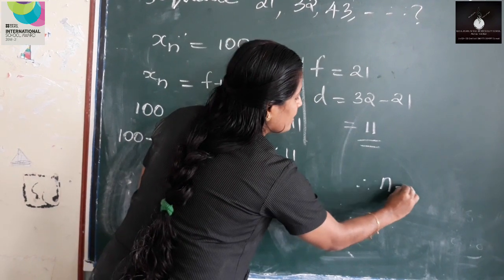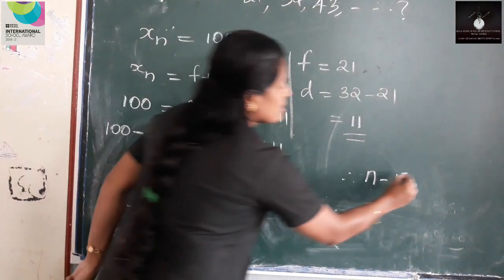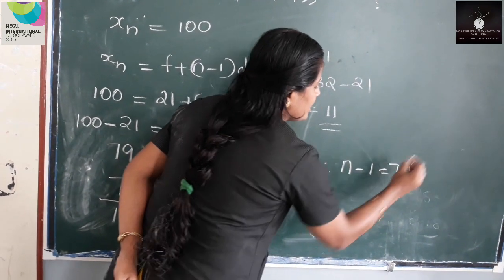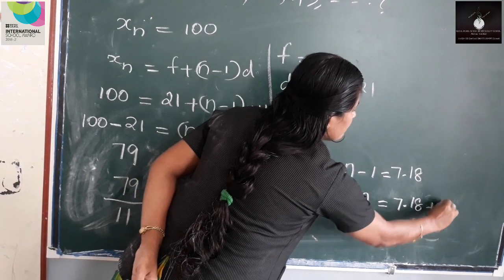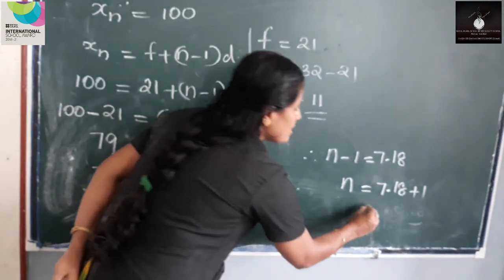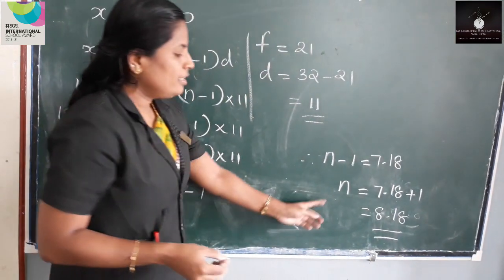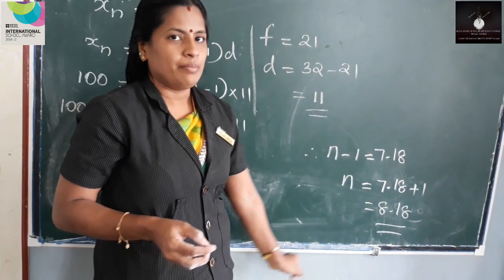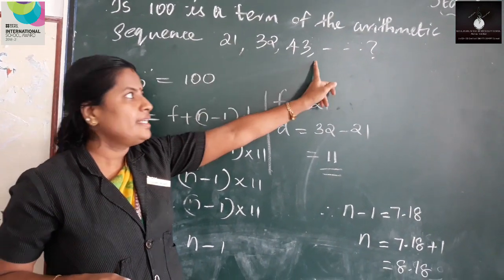Therefore, n minus 1 equal to 79 by 11, which is 7.18. So, n equal to 7.18 plus 1, that is 8.18. Here the answer is a decimal number, so 100 is not a term of this arithmetic sequence.